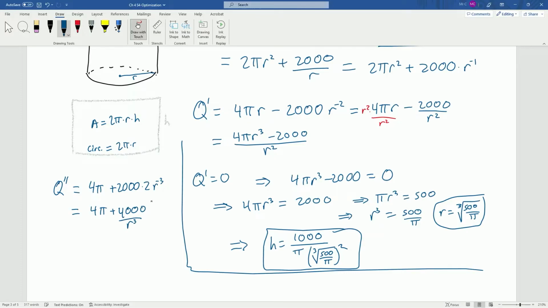And of course, we're assuming r is a positive value because the dimension doesn't make sense to be negative. So that tells us that this is strictly positive.